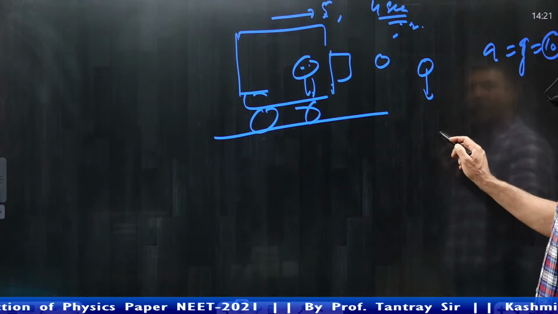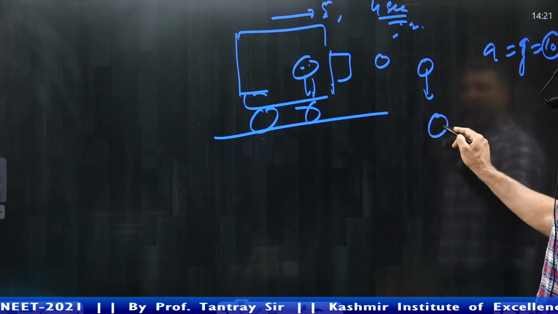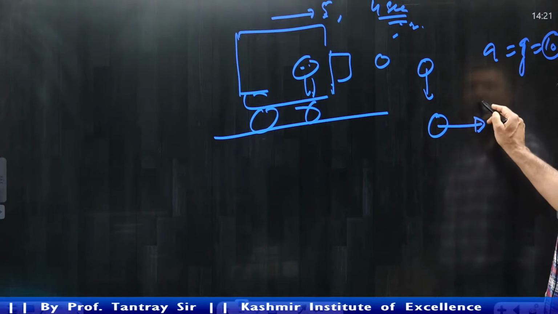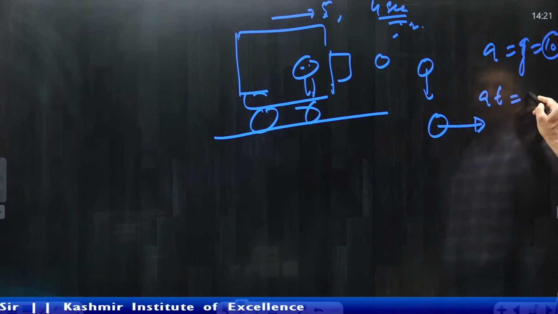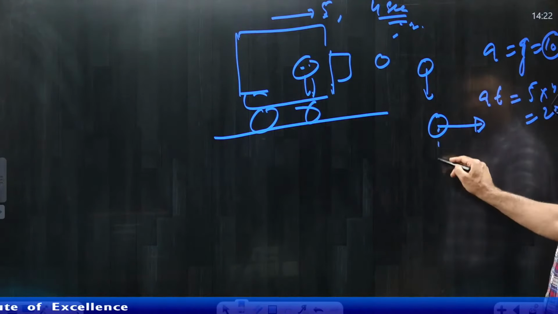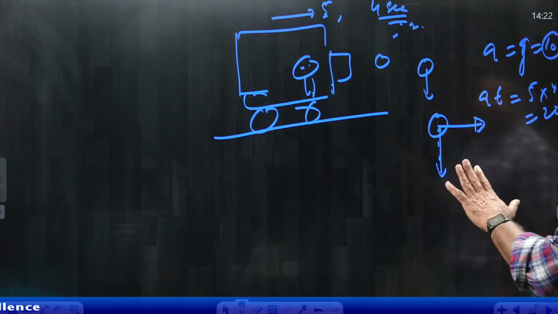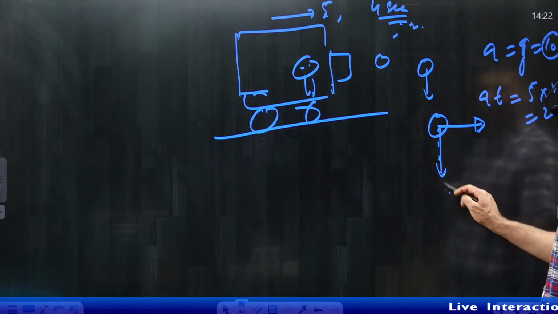the ball is dropped. After 4 seconds, the ball has a forward velocity of v0 plus at. v0 is initial velocity, 0, a is 5, t is 4, that is 20. But it also falls down. So after 6 seconds from the start, how much is the vertical velocity?